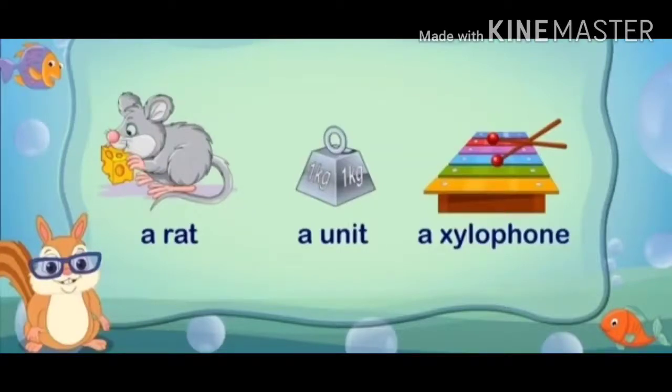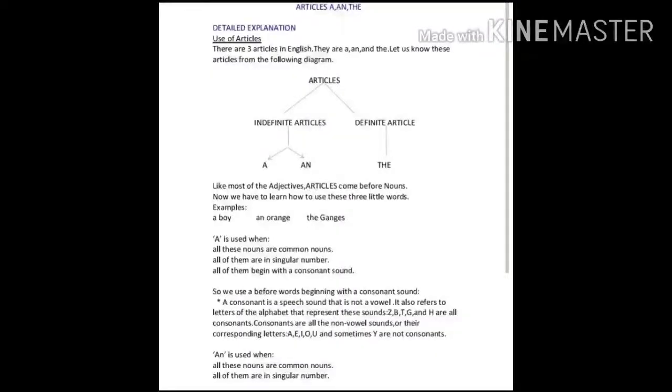First point, all these nouns are common nouns. All of them are in singular number, and all of them begin with a consonant sound. Students, be very clear with this. Okay? So, we use a before words beginning with a consonant sound.